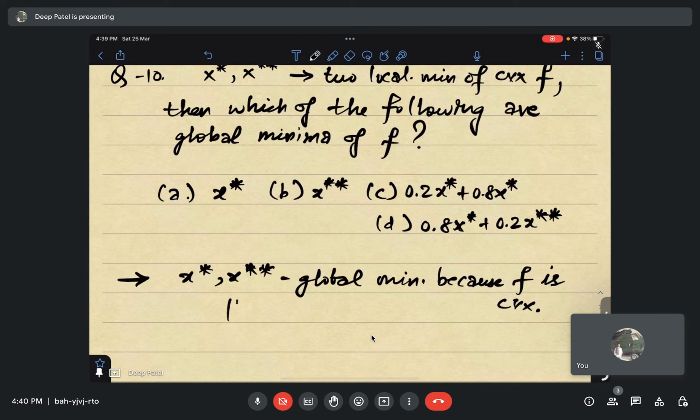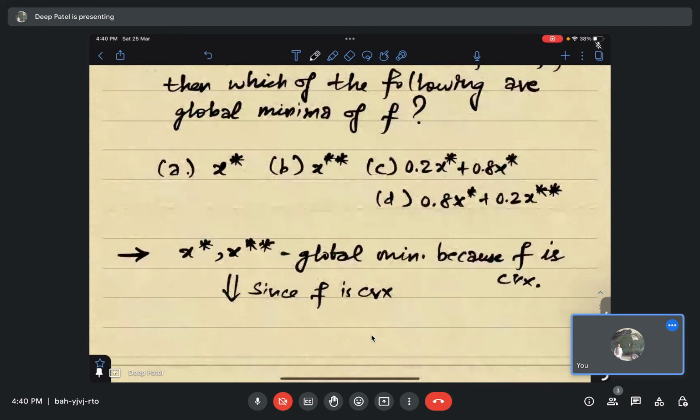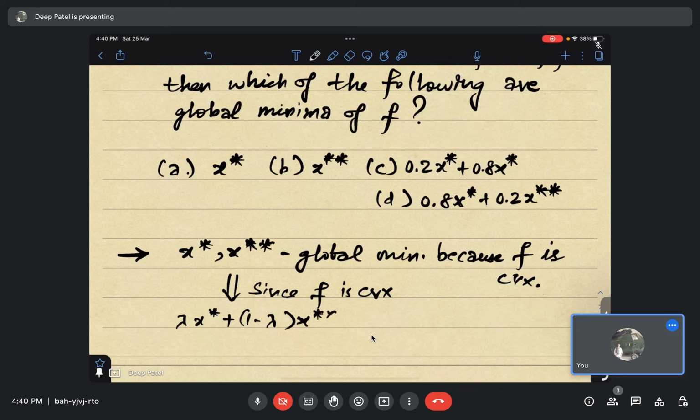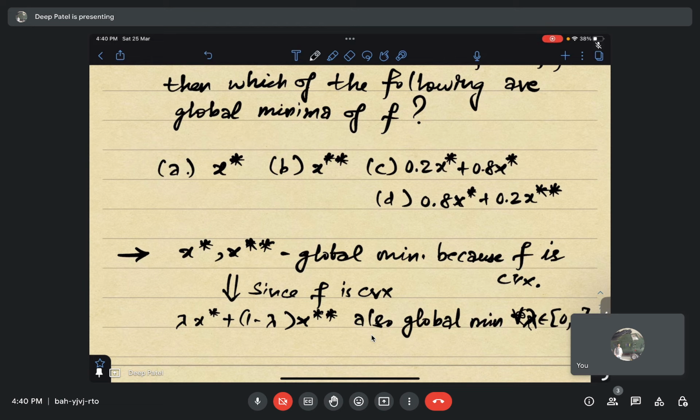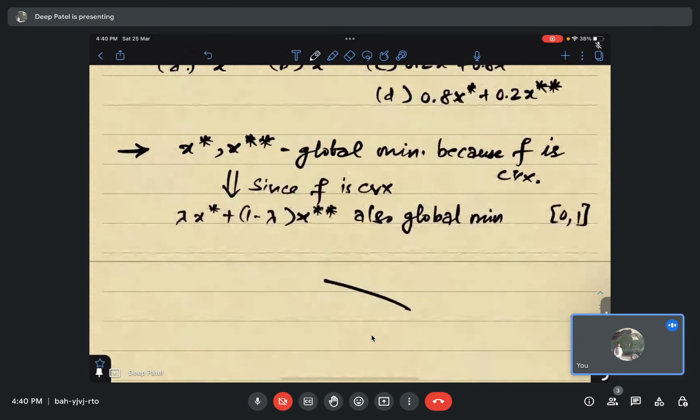Since the function is convex, any convex combination is also a minimizer. So the shape of the function has to be one where the bottom is flat and horizontal. Otherwise, how can it be?